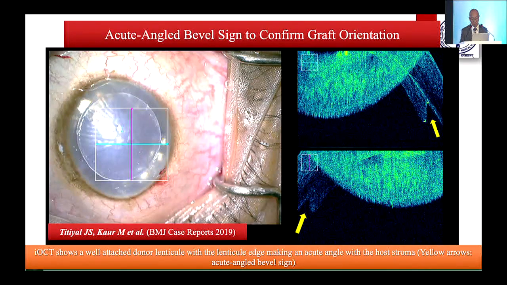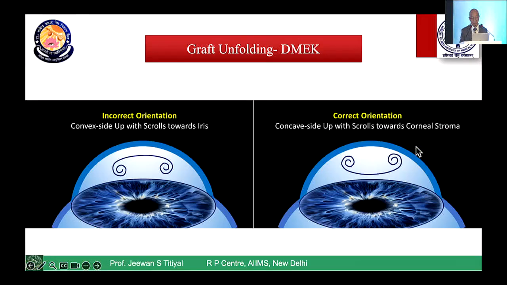The graft is well oriented if you have this sign, which is labeled the acute bevel sign, which tells you the graft is nicely oriented. This application also shifted to PDEK and DMEK procedures, to see if the graft is rightly oriented inside the anterior chamber. This is the correct orientation of the DMEK roll.